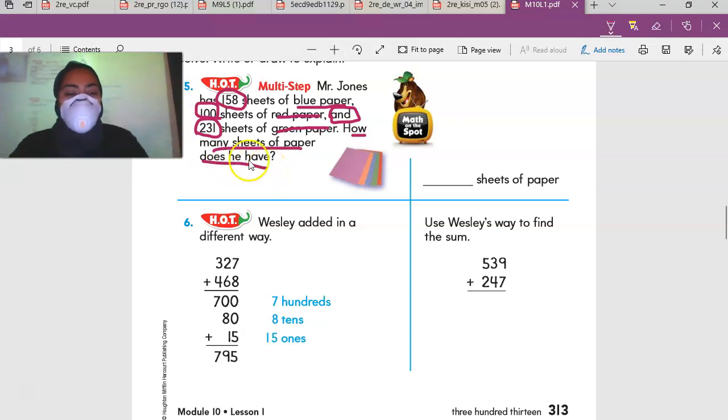Okay, so Mr. Jones has 158 sheets of blue paper. So he has 100 plus 50 plus 8 of blue paper. Let me try that again so it looks like an 8.